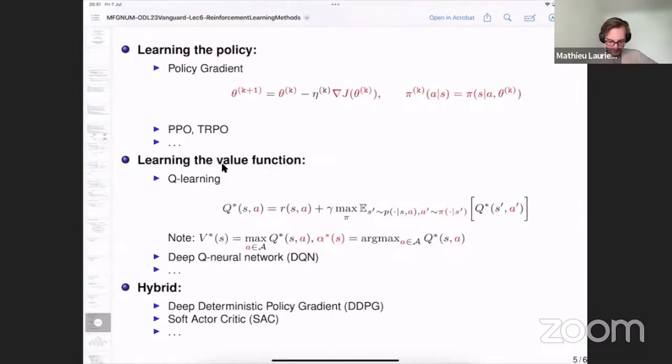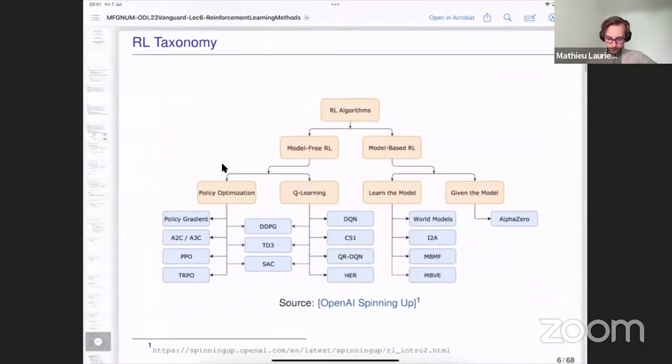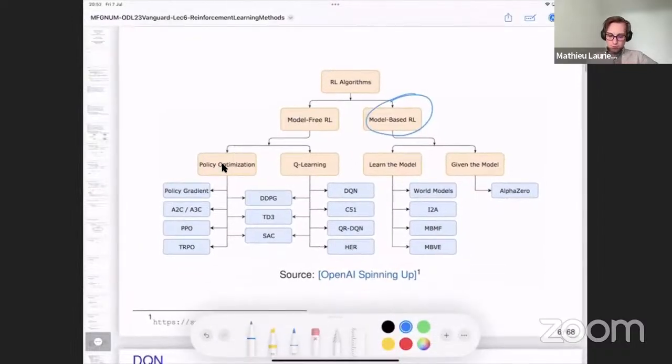All right. So here is a taxonomy borrowed from the website of OpenAI. So for RL algorithms, there is a whole part on model-based RL that I'm going to skip. I'm going to focus on model-free RL. And you see the distinction between optimizing the policy, learning the Q function, and you have some methods at the intersection because you learn in parallel the policy and the value function.